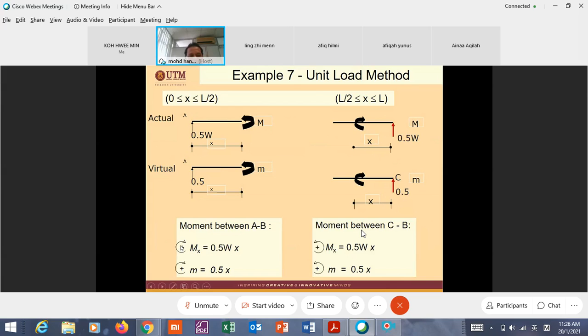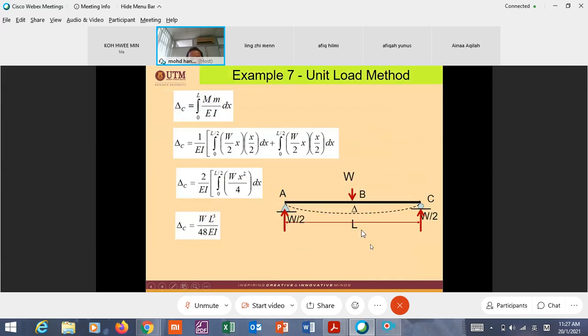You can refer to topic 1 on bending moment diagram and shear force diagram. If we start from the right support, we use clockwise positive. If we start from the left support, then we use anti-clockwise positive. Then you have a similar equation.